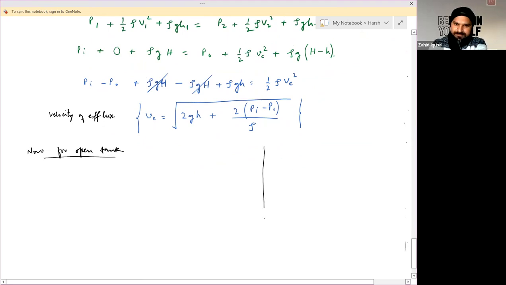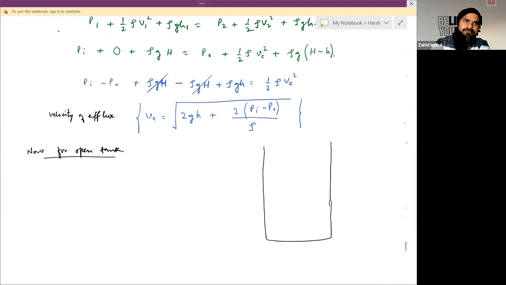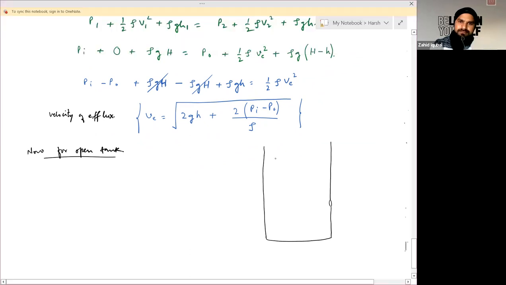Suppose the level of liquid initially is at this point and the velocity of liquid ejecting out through this hole is VE.